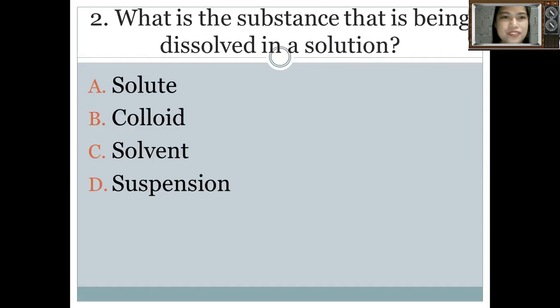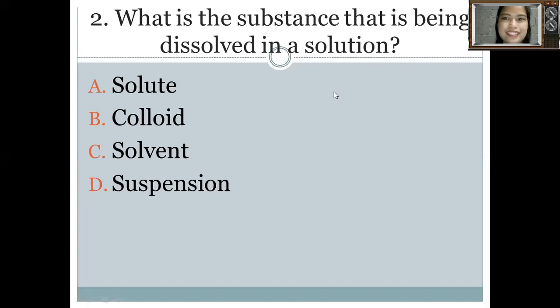Next item, what is the substance that is being dissolved in a solution? Choices are A, solute, B, colloid, C, solvent, D, suspension. I repeat the question.